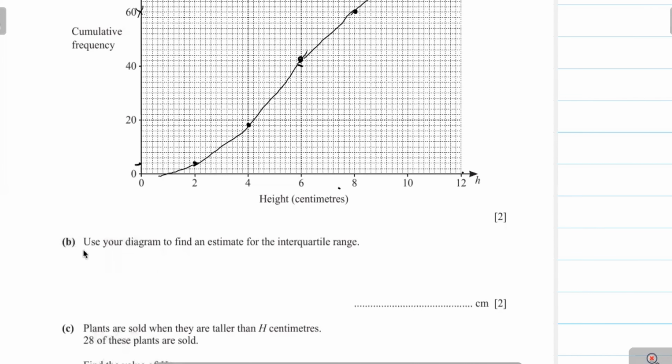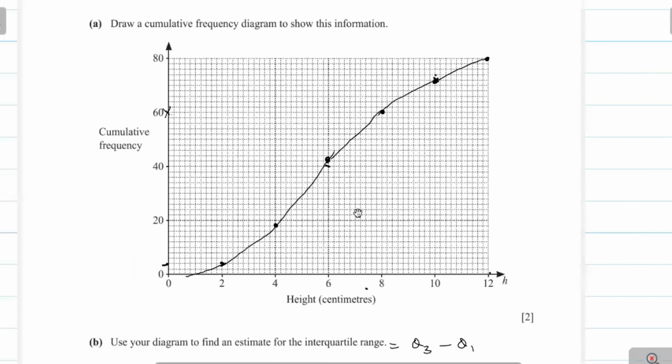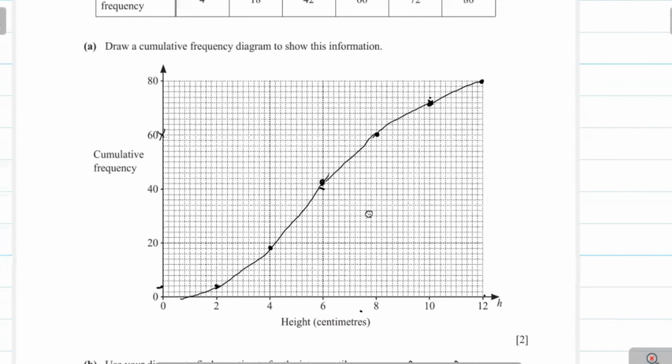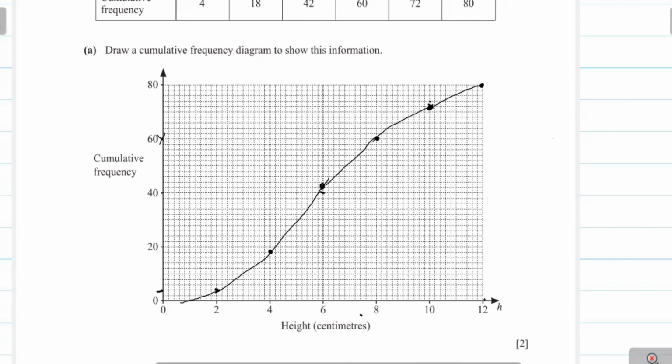Next part B, use your diagram to find an estimate for the interquartile range. The interquartile range is the difference between the upper quartile Q3 minus the lower quartile Q1. The upper quartile is the 75th percentile of the data. You see here the 75th percentile is 3/4 of total frequency, that is 60.